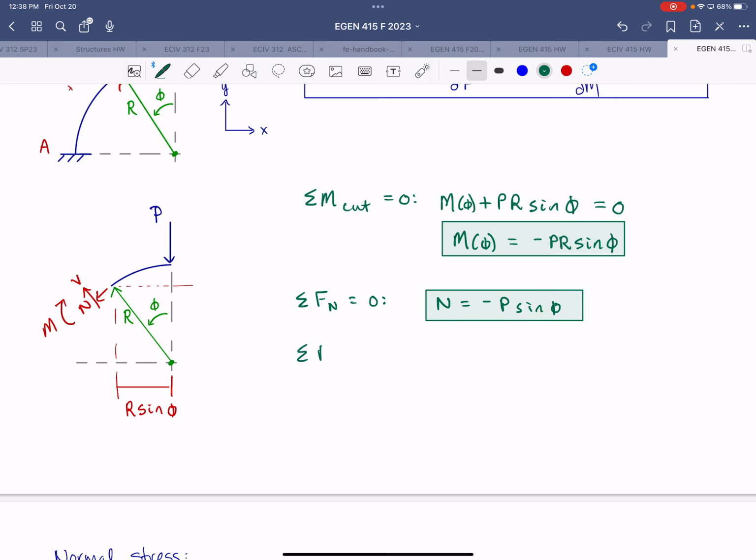And if we sum forces in the shear direction, we have V is equal to P cosine phi.